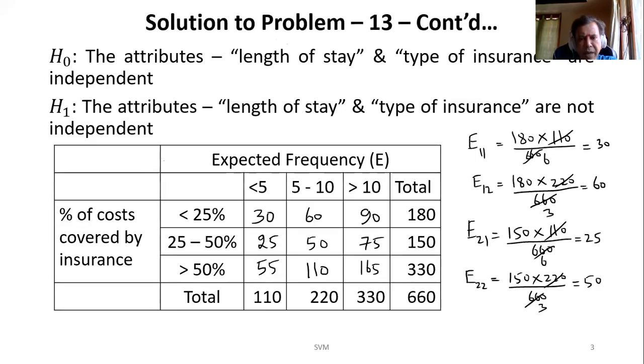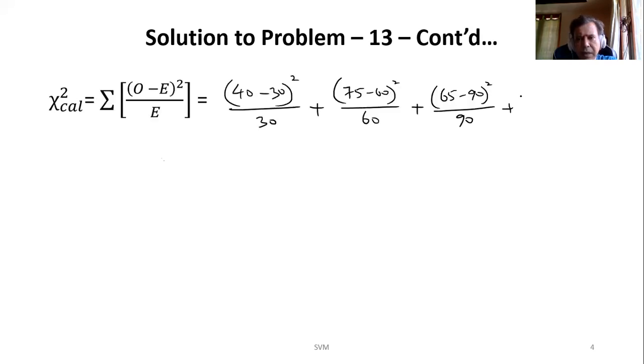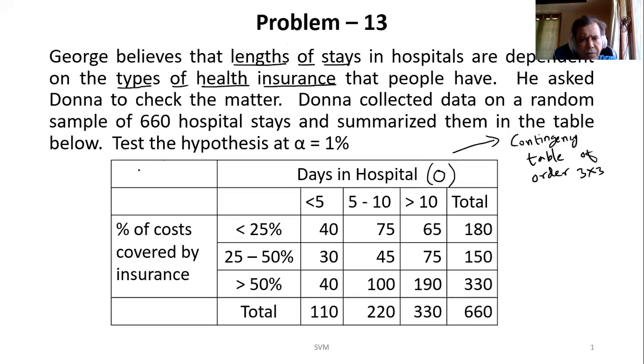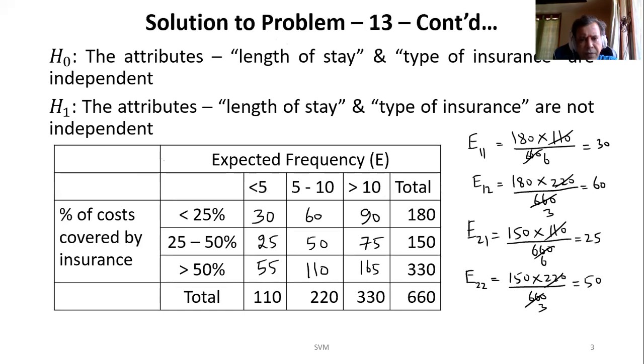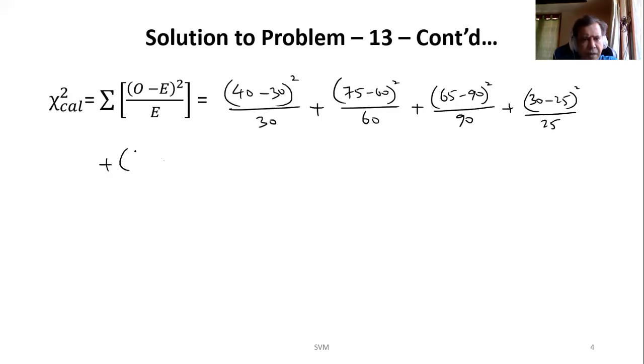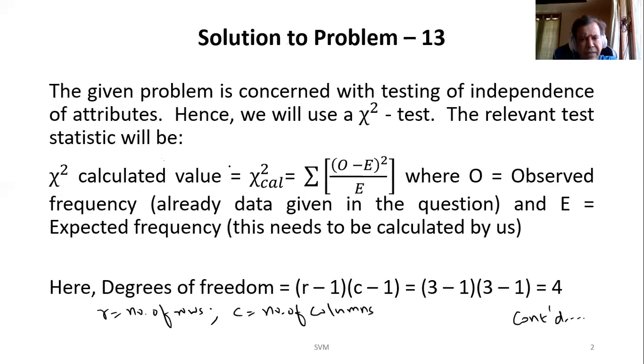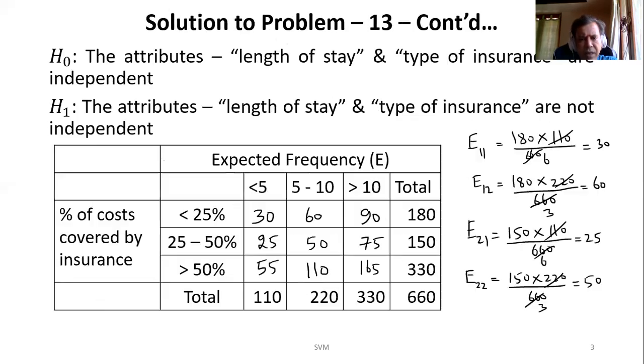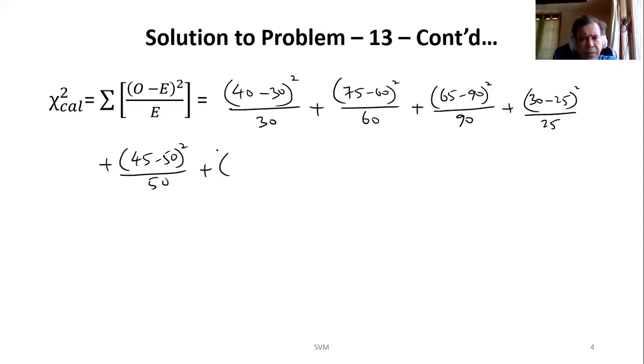30 minus 25, the square divided by 25, plus the next observed frequency is 45. 45 minus 50, the square divided by 50, plus, what is the next? 75 minus 75, the square divided by 75.